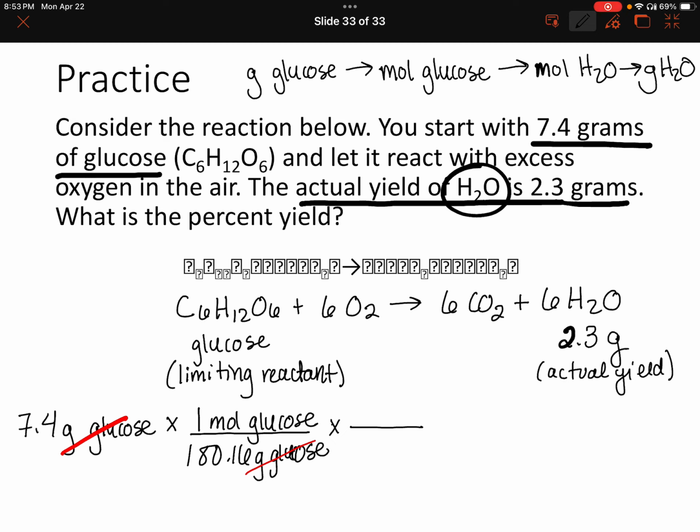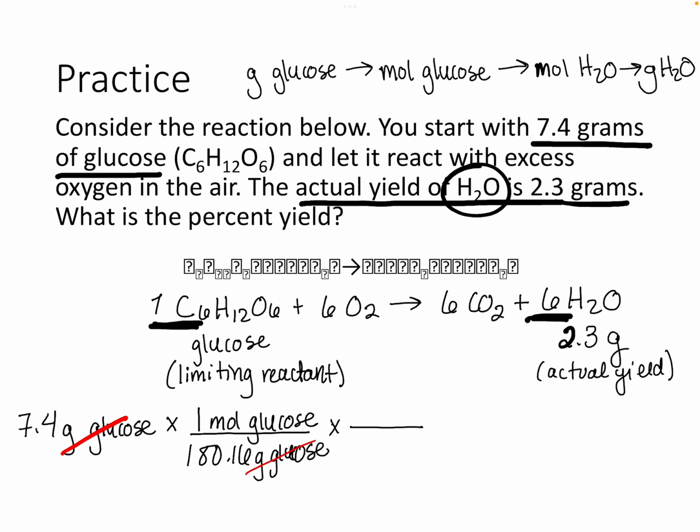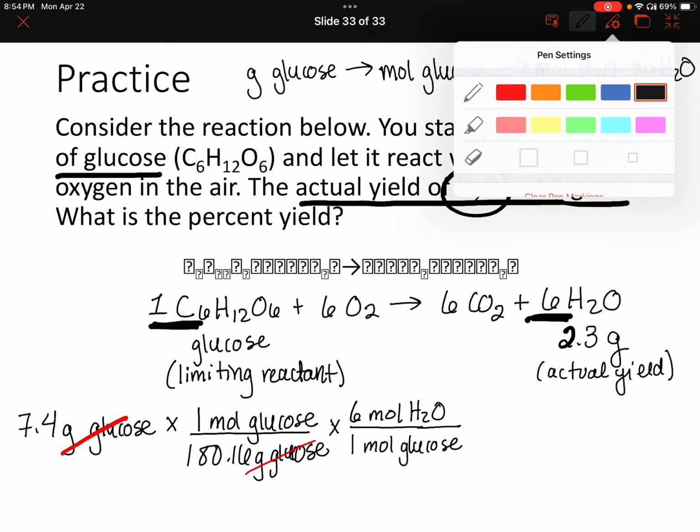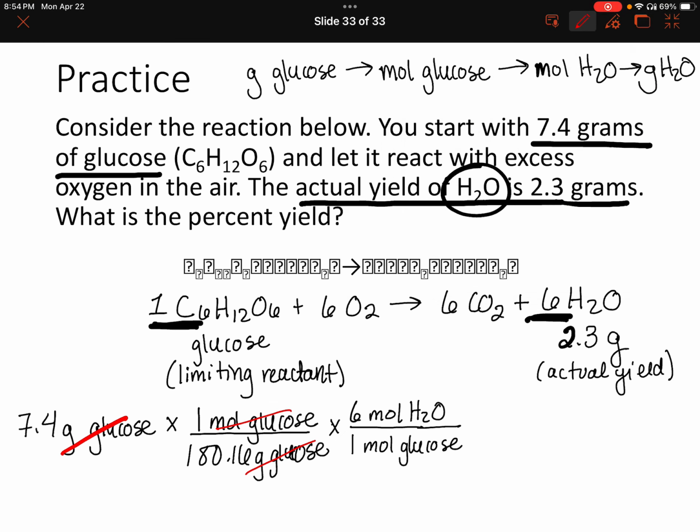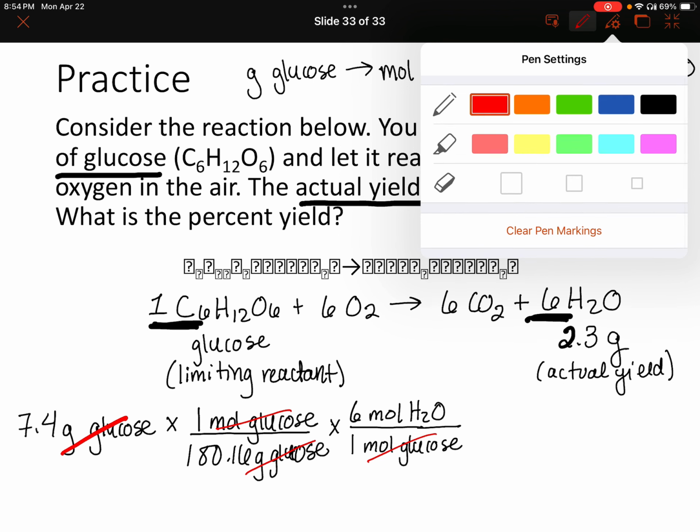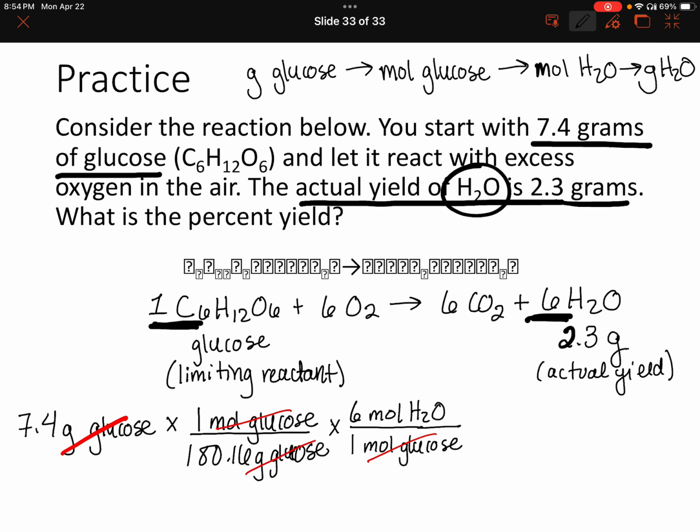And it looks like there's a 1:6 ratio. We're just not shown that 1 at the beginning, but it's a 1:6 ratio. And we're solving for water. So let's put 6 moles of water in the numerator and 1 mole of glucose in the denominator. So now we're canceling moles of glucose and we're given moles of water.